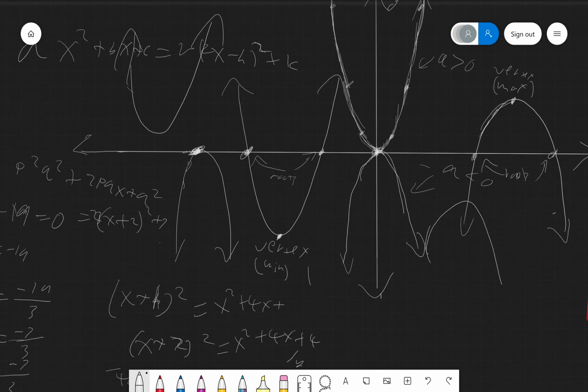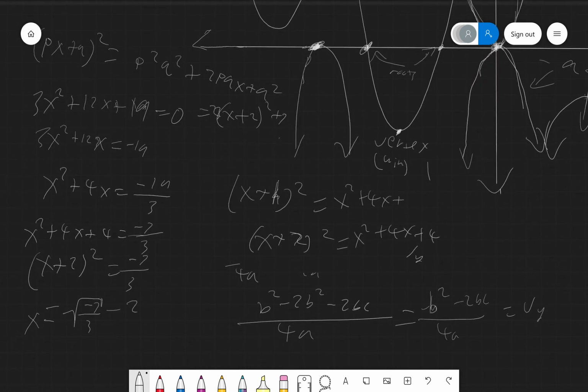Its vertex is somewhere, and then it never crosses, because it keeps going up or it keeps going down. That means its roots are imaginary or complex, which means it's the square root of a negative number. So in this case it didn't work, but now we have an idea what to do with completing the square.